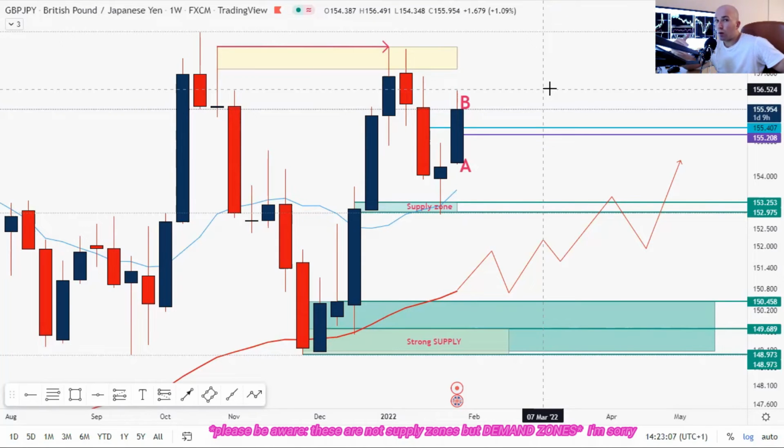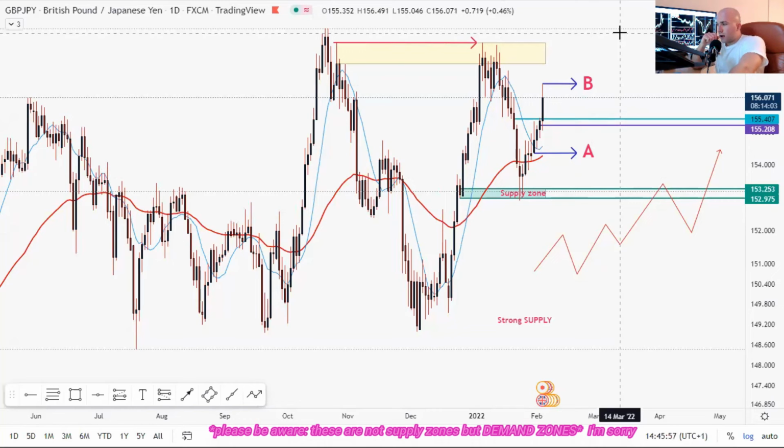We never do our trading on the weekly time frame, and this is something I don't advise, but it really is necessary to find out these A to B movements and the overall path of the price.